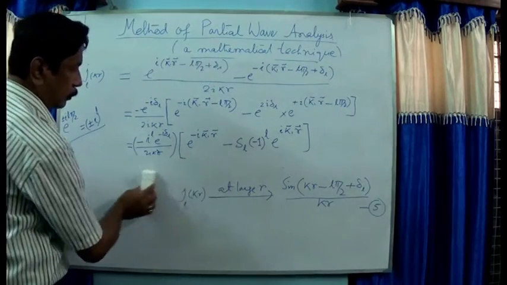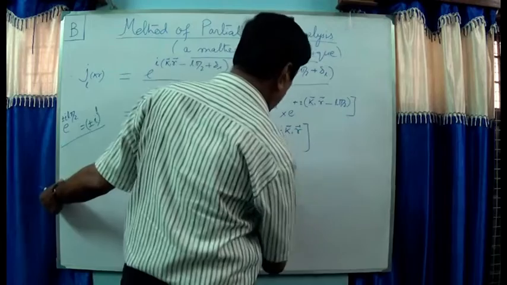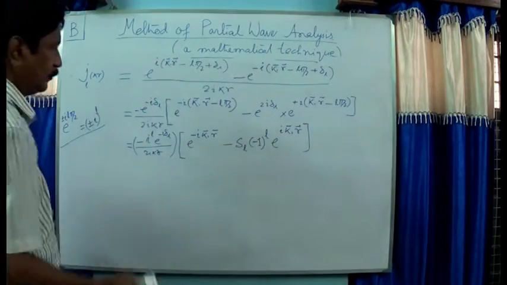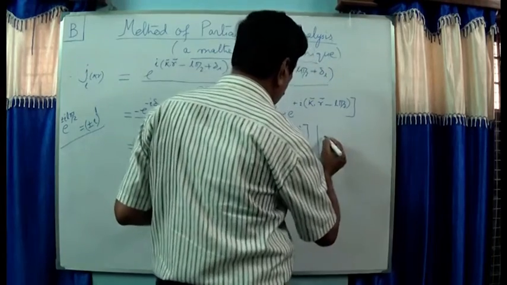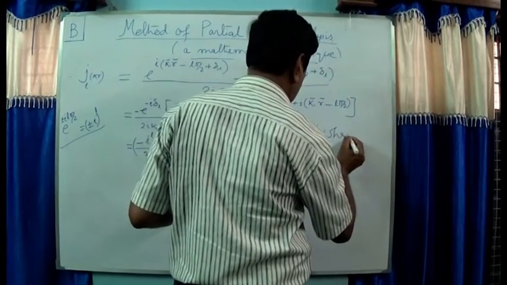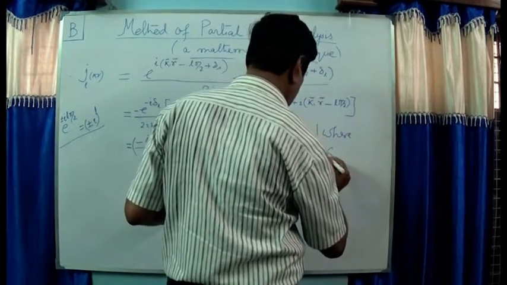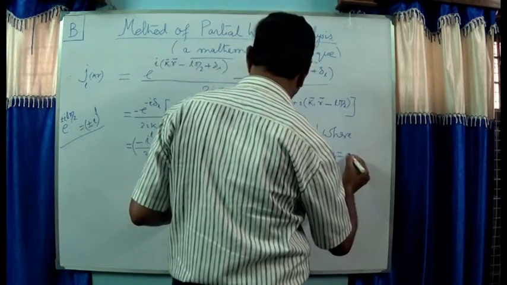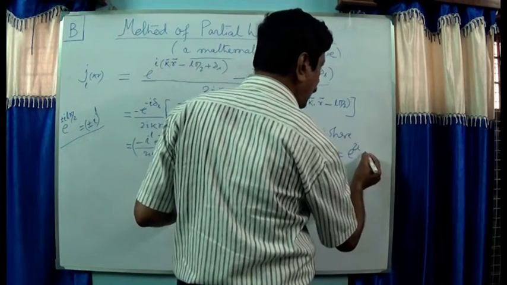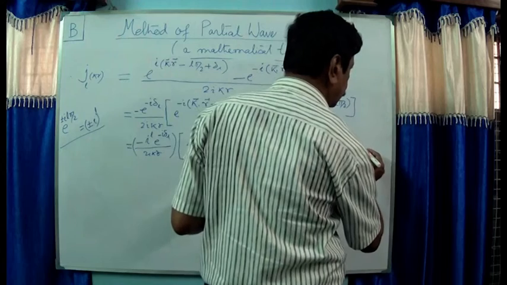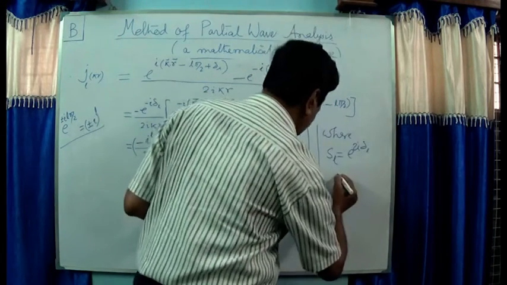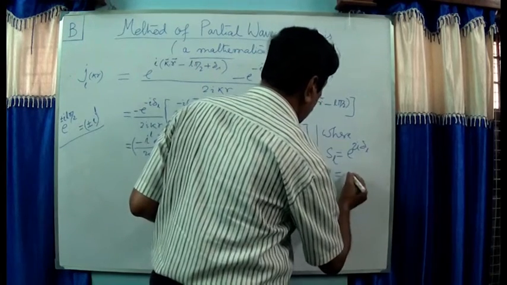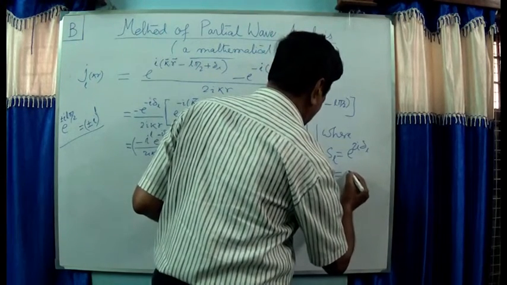Now, proceeding in this way, of course we can write it here that SL, which is e to the power 2iδL, is called the S matrix element.